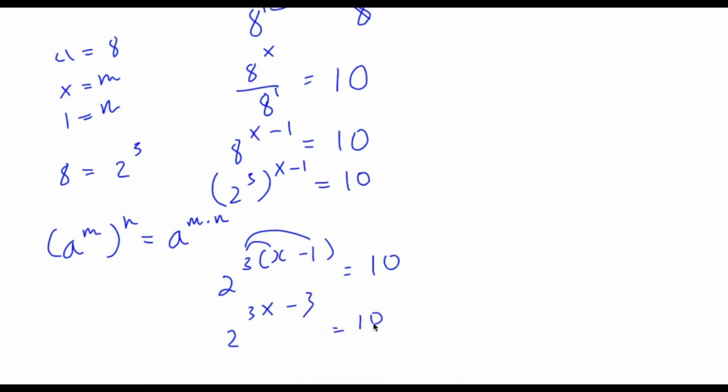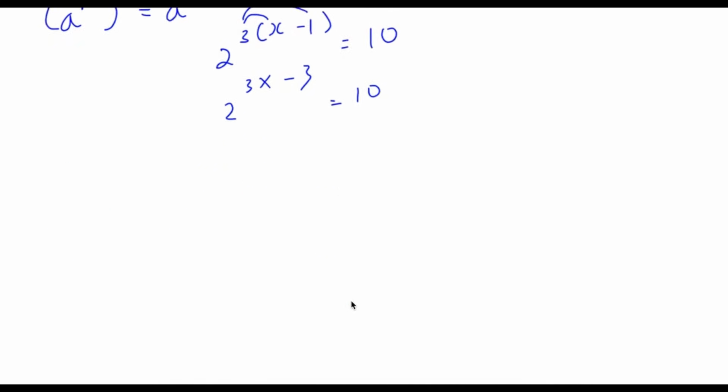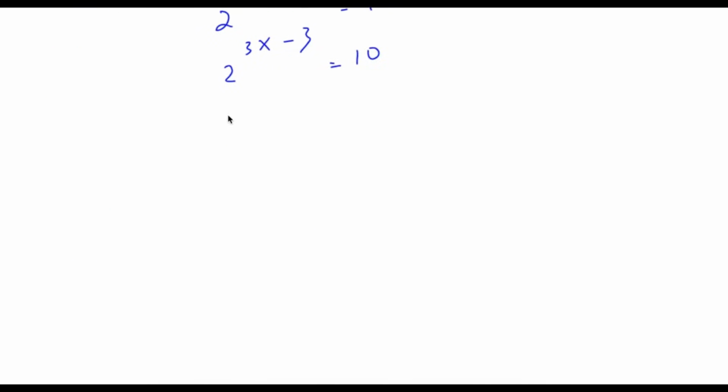Now this is equal to 10. So now we have 2 to the power of 3x minus 3 is equal to 10, and now I'm going to take the log on both sides. So now I have log 2 to the power of 3x minus 3 is equal to log 10.